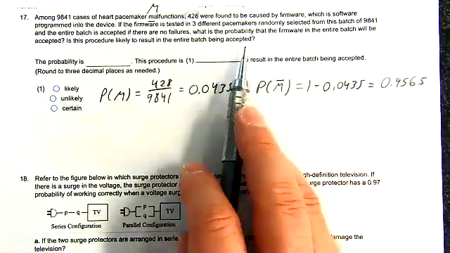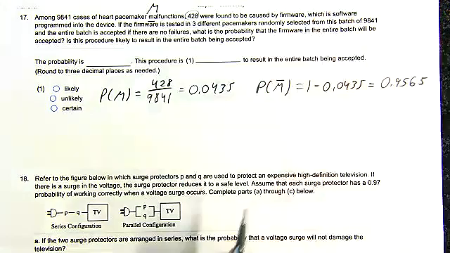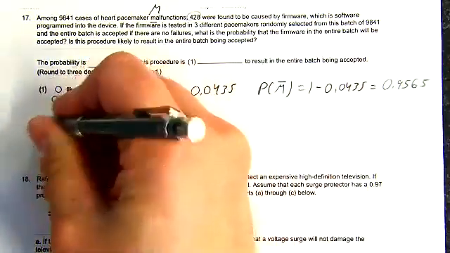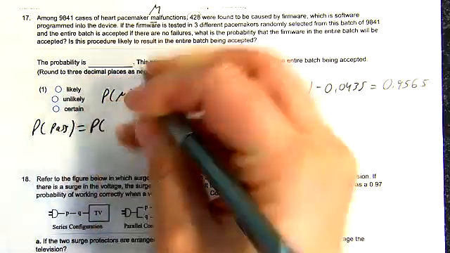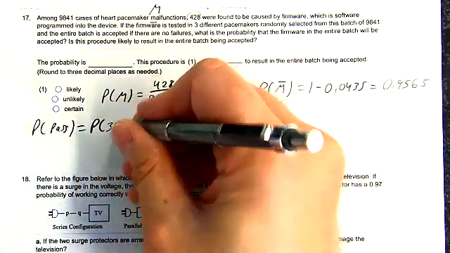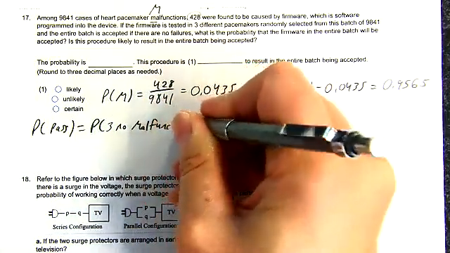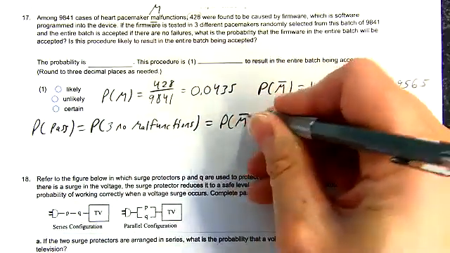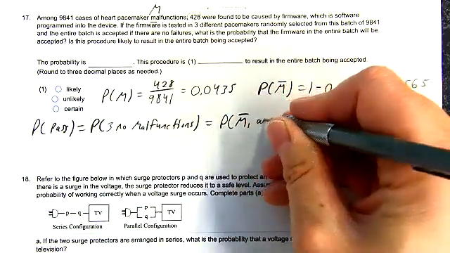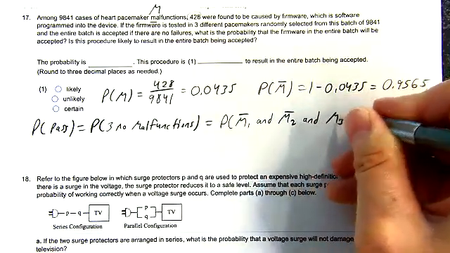Now for this thing to pass, we have to have 3 non-failures. So the probability of our batch passing is equal to the probability of 3 no malfunctions, which is equal to the probability that the first one doesn't malfunction, and the second one doesn't malfunction, and the third one doesn't malfunction.